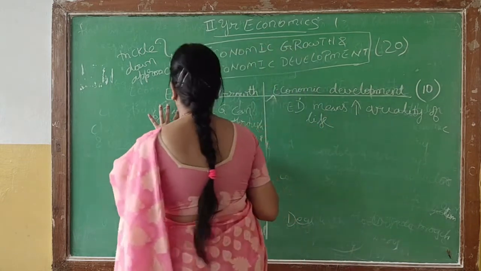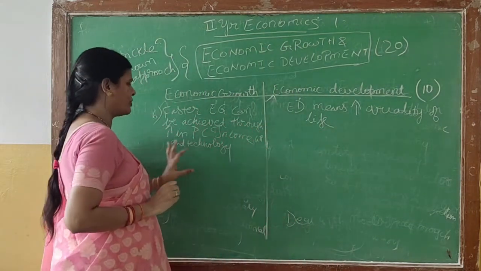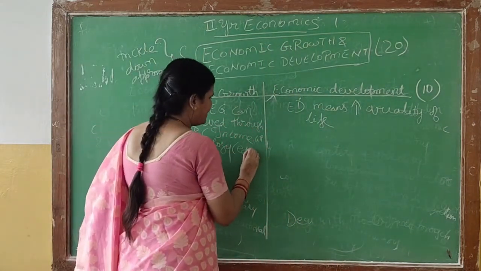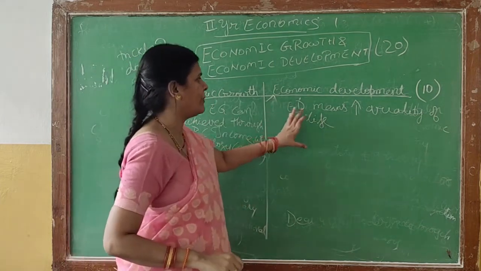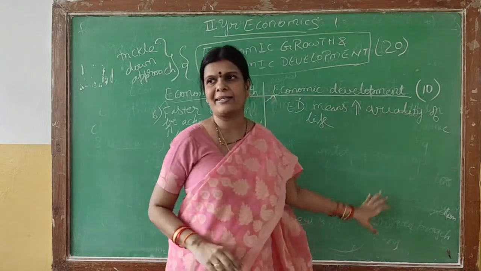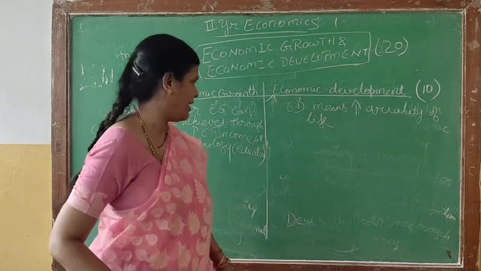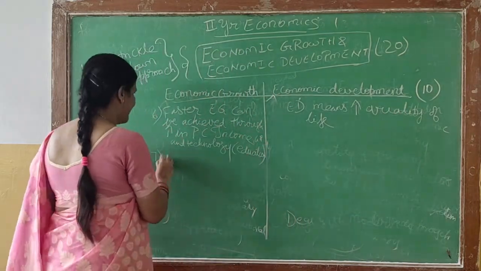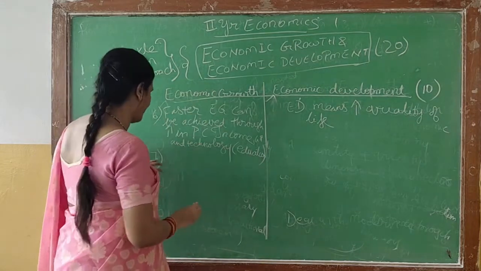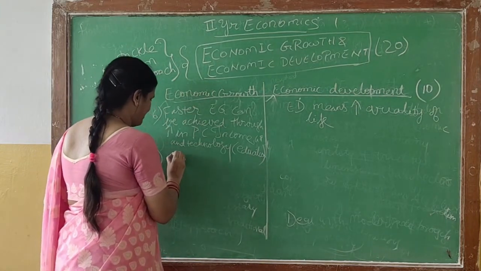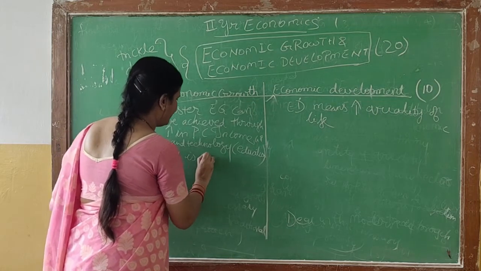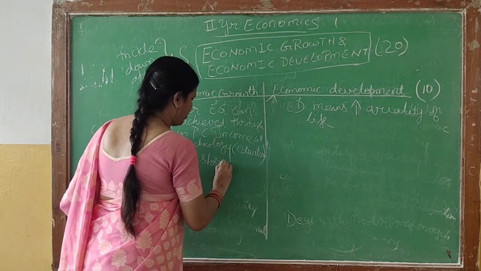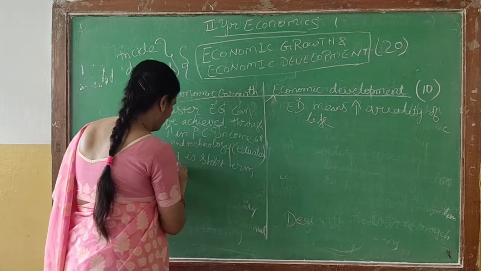So faster economic growth means use of technology, that is increase in education. Faster economic development means increase in quality of life. Next difference is that economic growth is a short-term process.